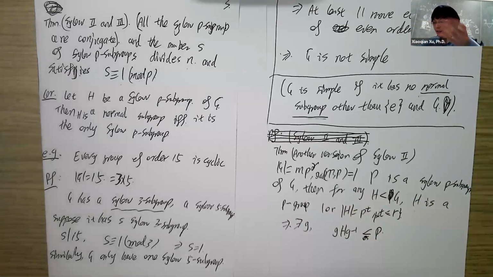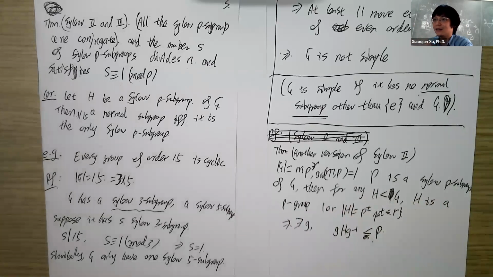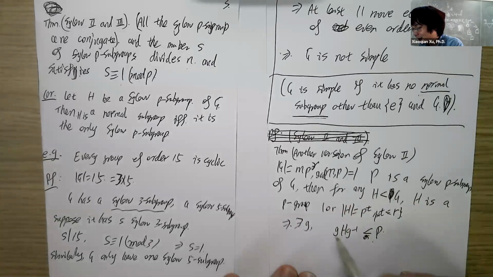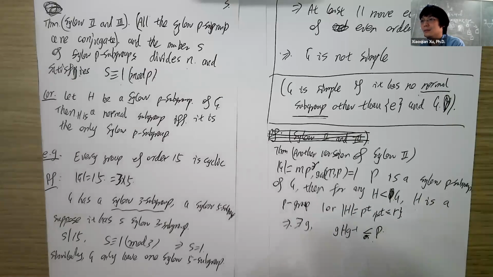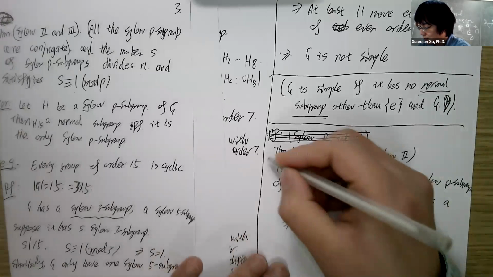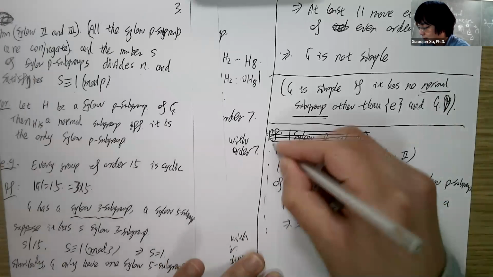Which means in a Sylow subgroup you can get a smaller one, and after you take the conjugate, as long as you have a p-group, it's still a subgroup of this P. This is another version of the second Sylow theorem.